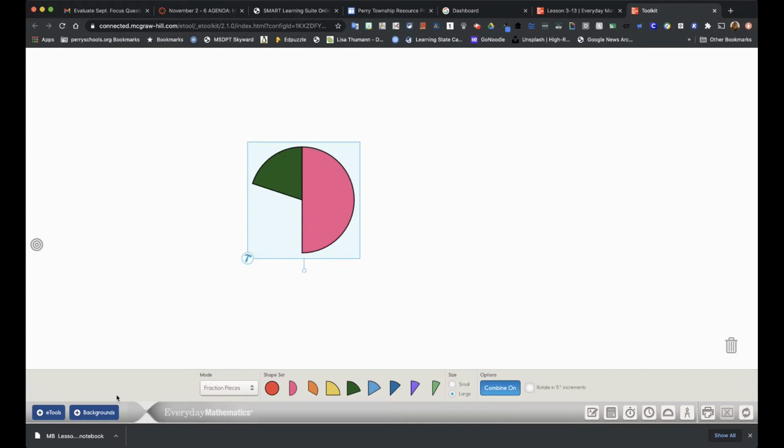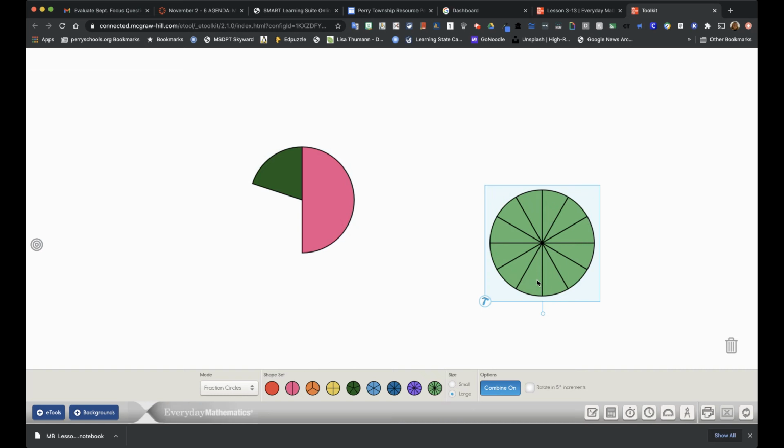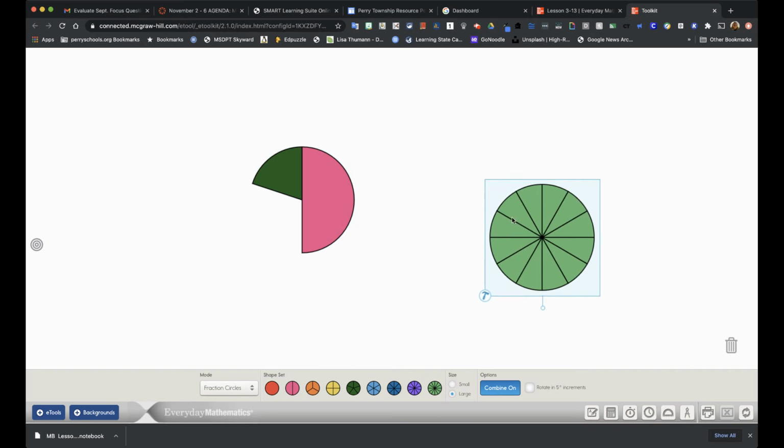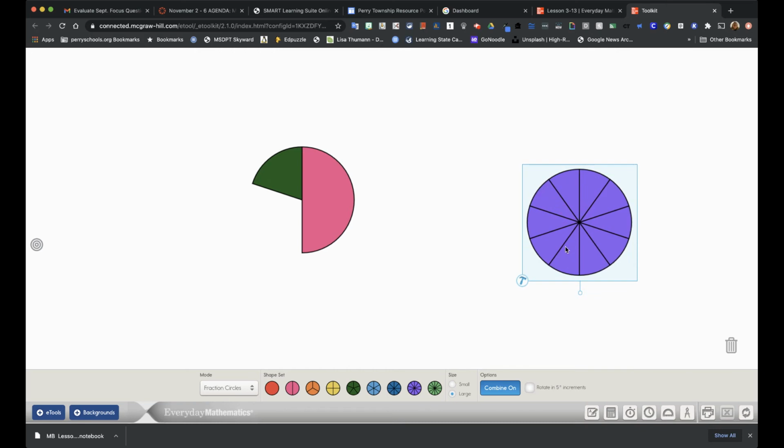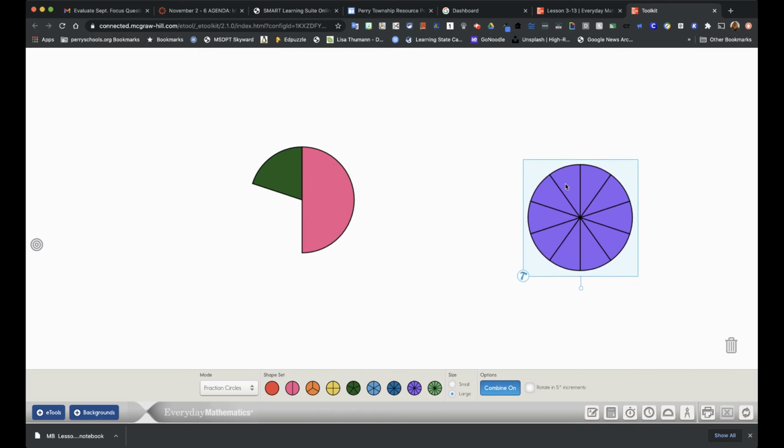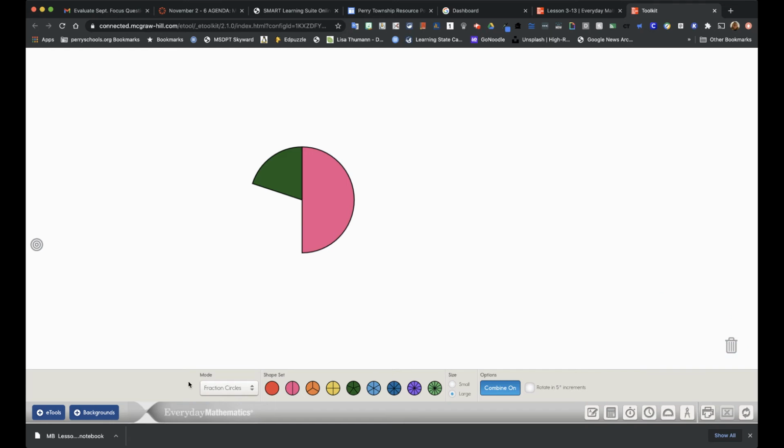Let's think about the different fraction circles. What do we have here? We have 1, 2, 3, 4, 5, 6. Those are 12ths. And the purple, 1, 2, 3, 4, 5. Okay, so let's use this dark purple here.